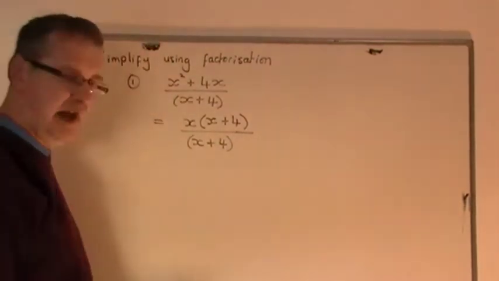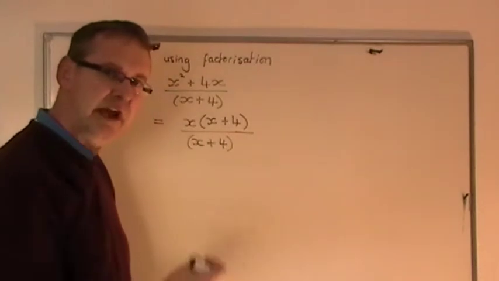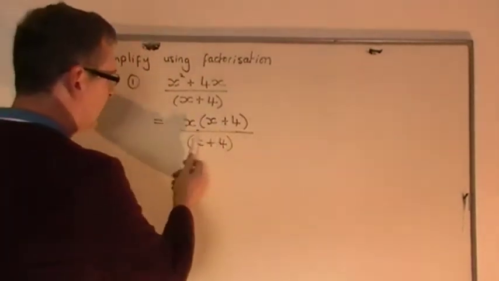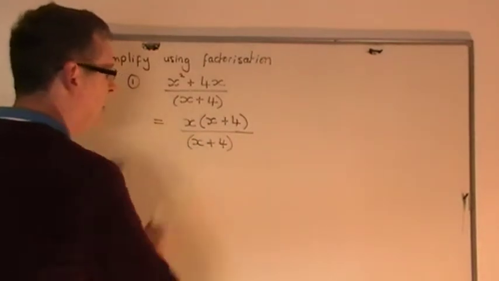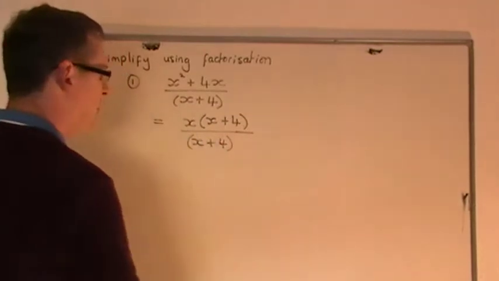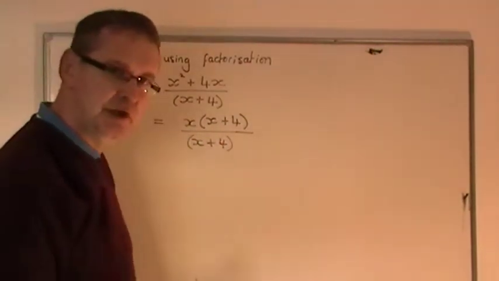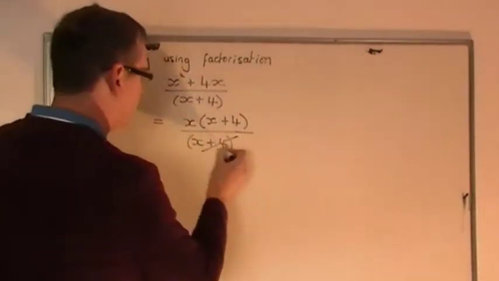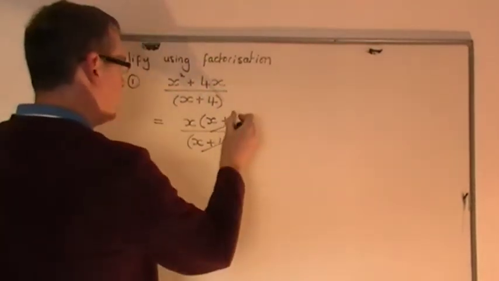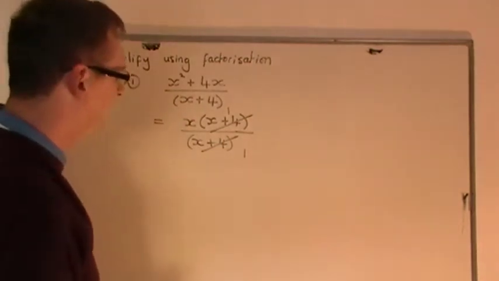Once you get to there, you should now look out for cancelling. When you have got something times by something divided by something, you can cancel things. Now I hope you can see that there's an x plus 4 on the top and an x plus 4 on the bottom. So what I'm going to do is share the bottom by x plus 4, it goes once. I'm going to share the top by x plus 4, so that becomes a 1.